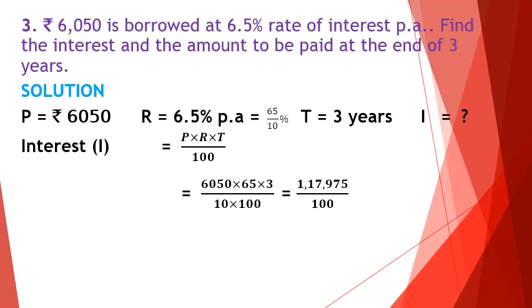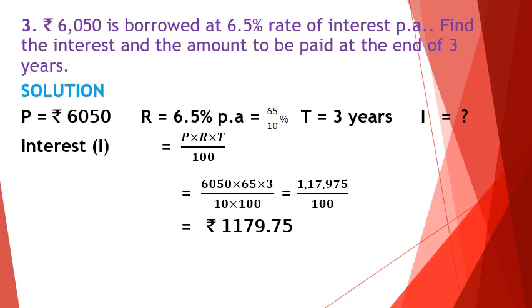So you will get the answer 1,17,975 whole divided by 100. Remove 2 digits from the right side, then put the point. So we get rupees 1,179.75 is the interest.